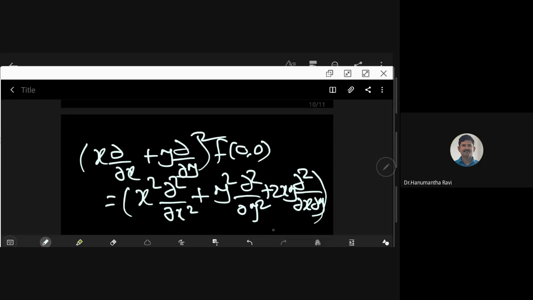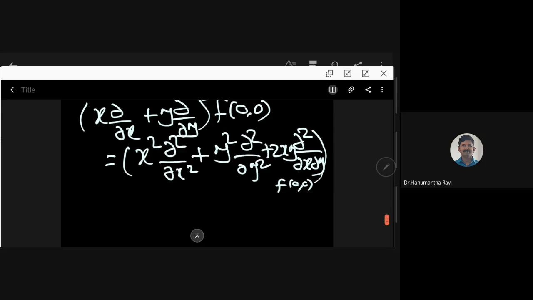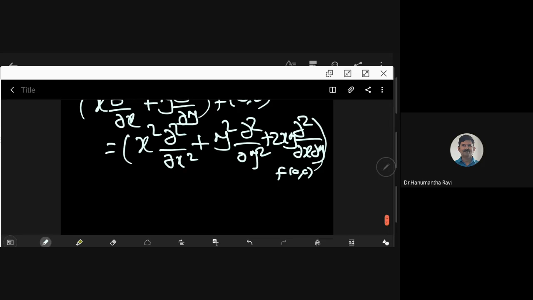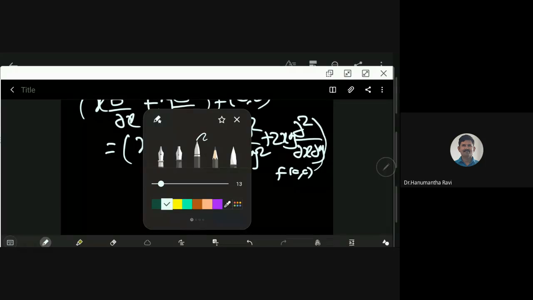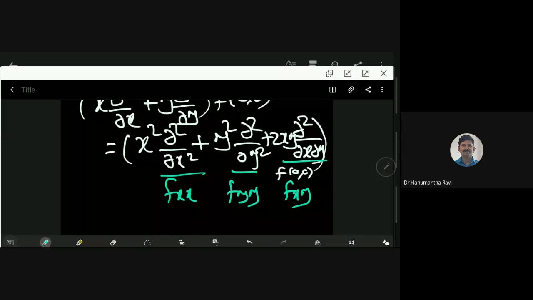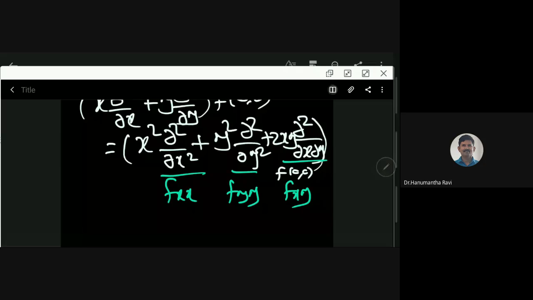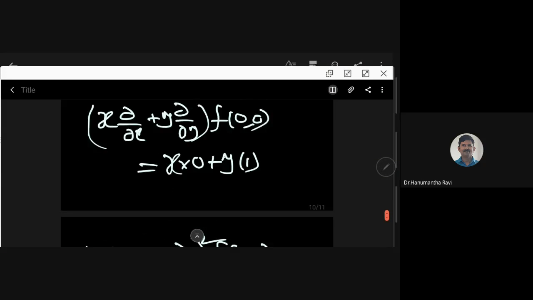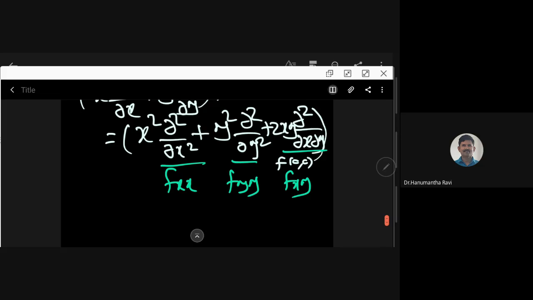Now you act on f(0,0). So this is fxx, this is fyy, this is fxy. Among the chosen ones, only fxy is 1. All the others are zeros. All the second order derivatives are zeros. Fxy is 1.